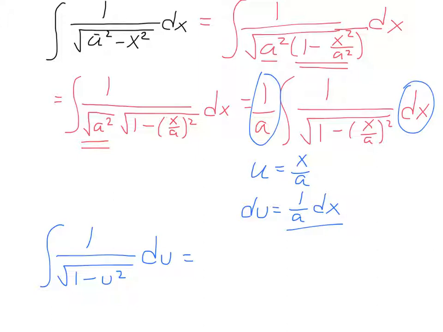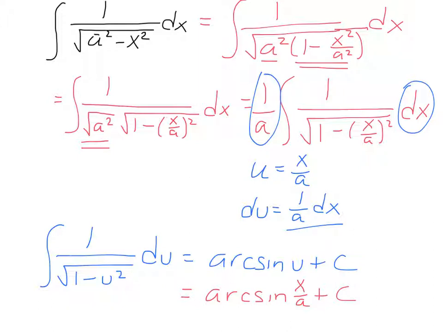And that rule right there is exactly the derivative of arcsine of, well, in this case, u. So this would be arcsine of u plus c. And last but not least, when I turn it back, what did u equal? U was just the x over a. So I do get still arcsine of x over a. Okay, just like we had on the last screen.